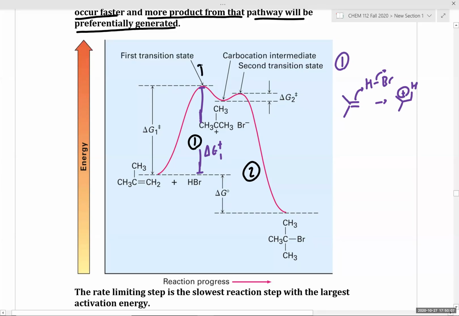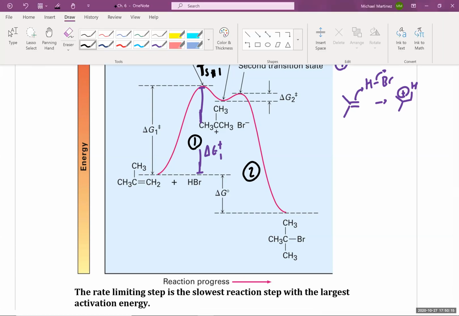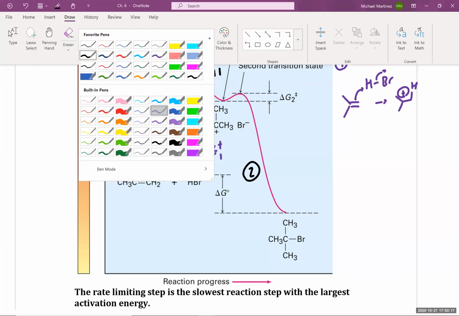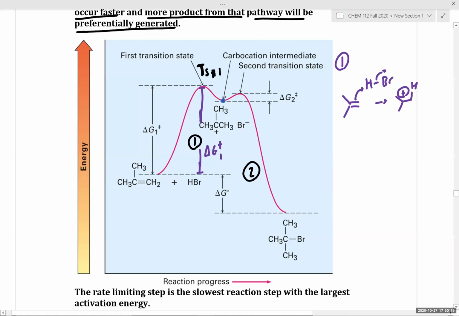This first step has a transition state that I'll call transition state number 1. And after passing through the transition state, we generate an intermediate that I'll call intermediate number 1. Now, a transition state and intermediate are different terms.